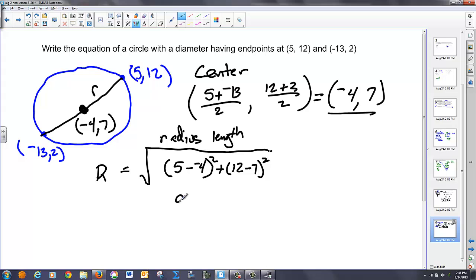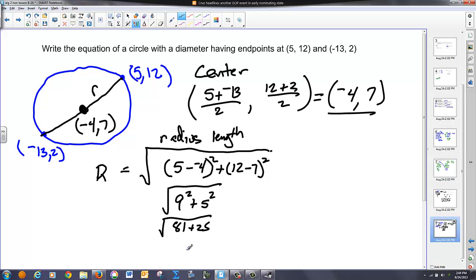So in this case I have 9 squared plus 5 squared, or 81 plus 25, which is 106.